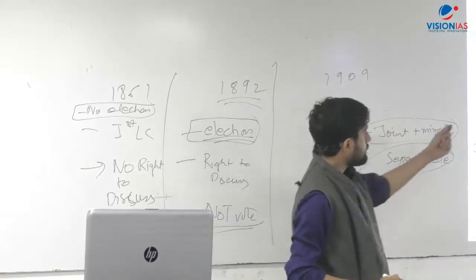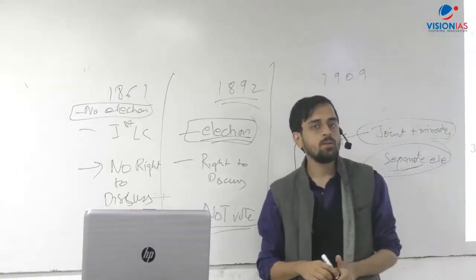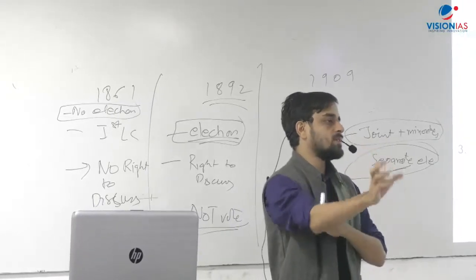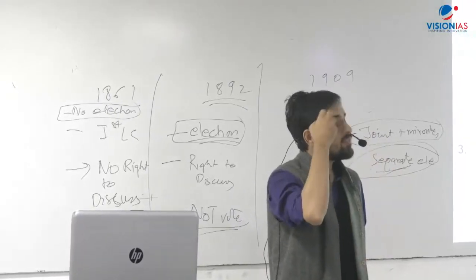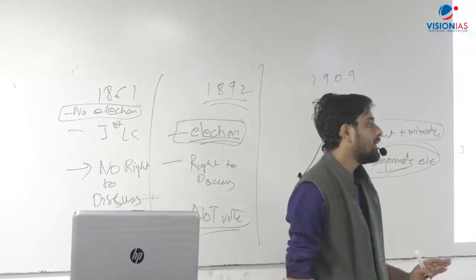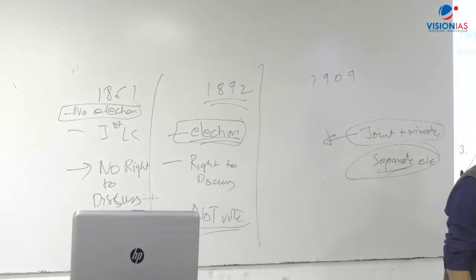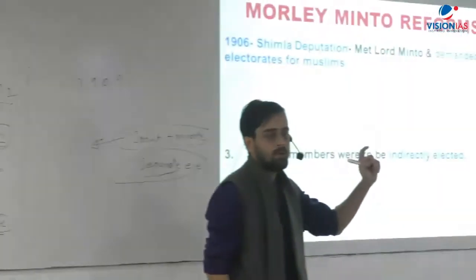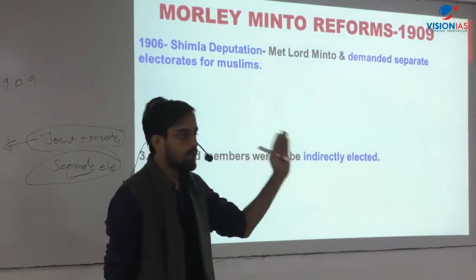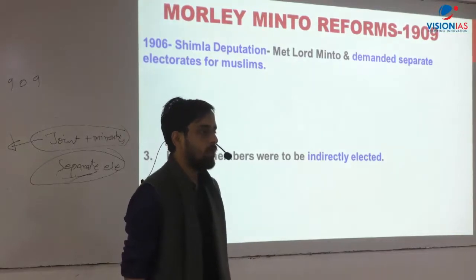So they demanded separate electorates for Muslims. Now a demand for separate electorates for Muslims is, you see, the genesis in many ways of the idea of communalism. Okay, that you are saying that there is a section of the population which belongs to one particular religion, and people who belong to this religion have political concerns which are different from that of the rest of the population.